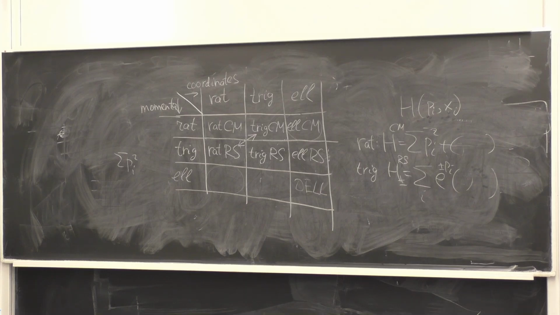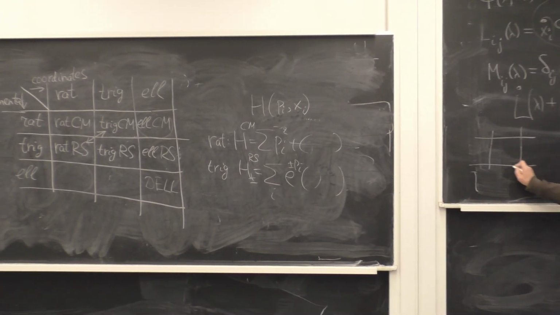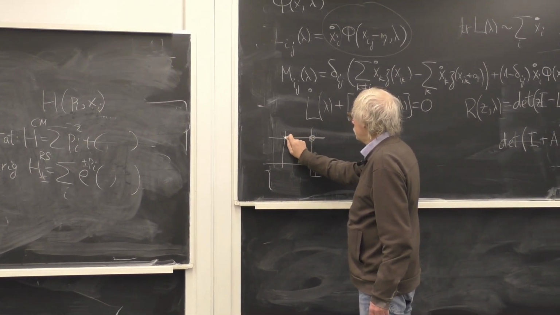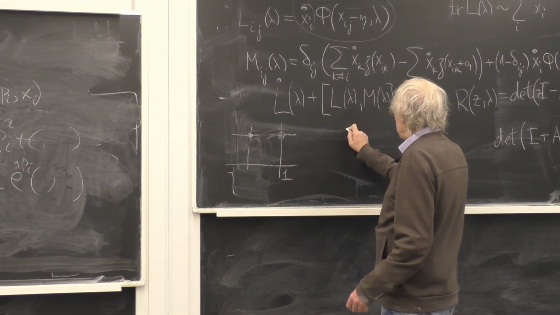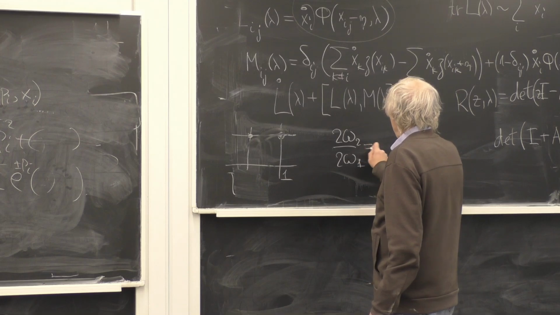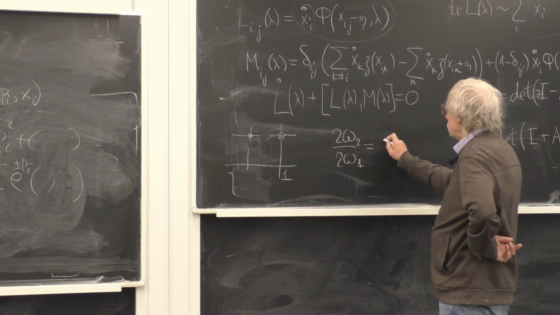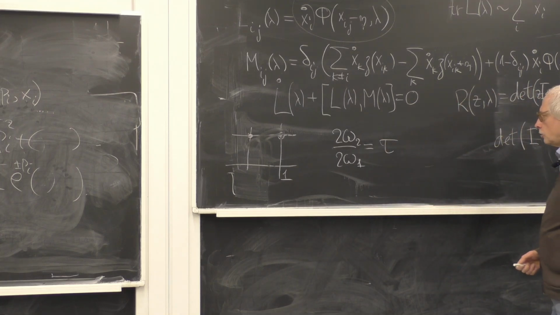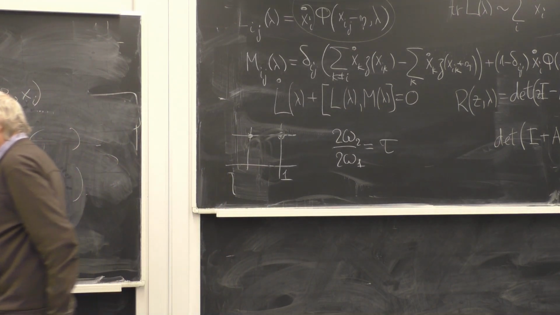elliptic modulus. I mean, what is an elliptic modulus? If we have a fundamental domain, for example, this is one, we have periods omega 2, omega 1, and their ratio is called tau. And this tau is called elliptic modulus.